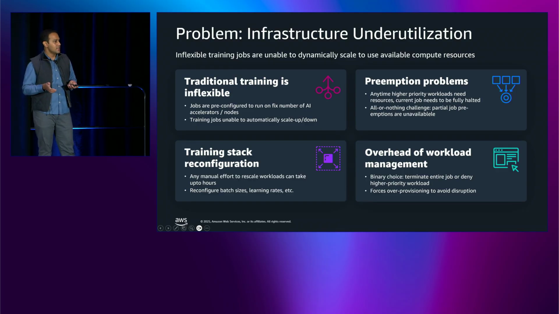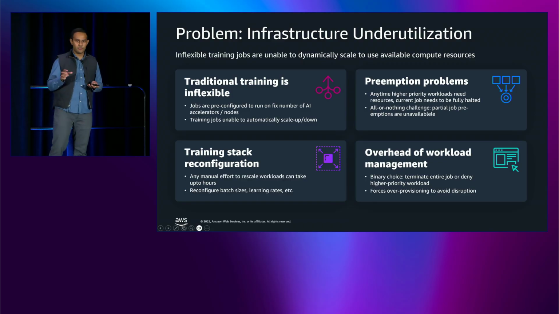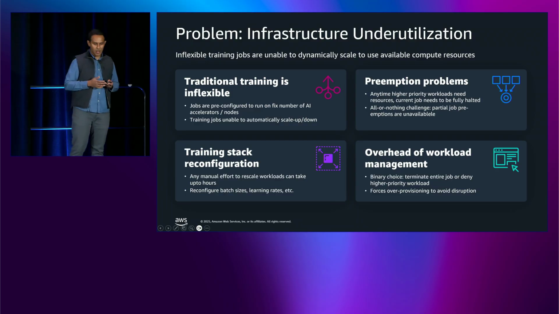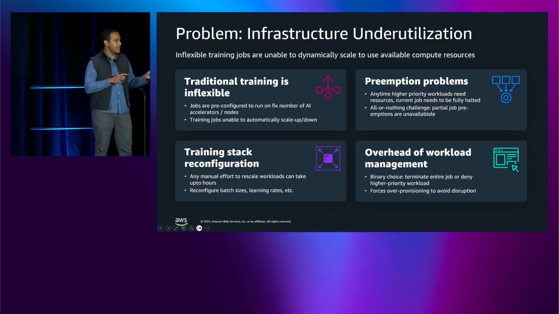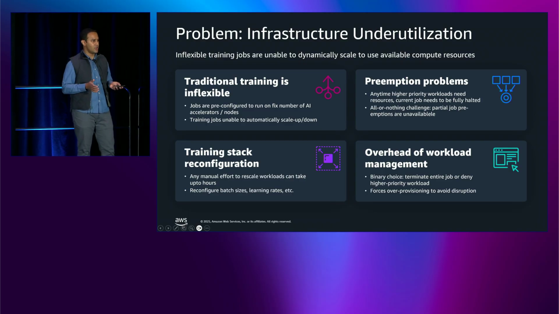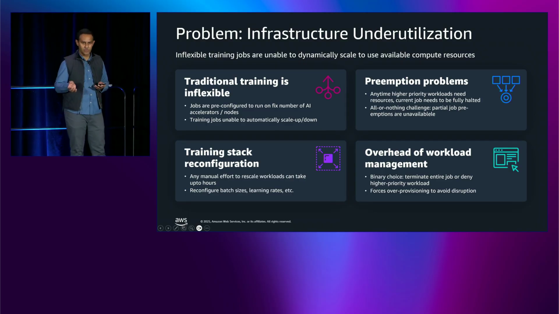And what this means is that anytime there are more resources available, these might be nodes that free up from other jobs that had finished, you need to essentially stop this training job, reconfigure a bunch of hyperparameters, and then resume training to use the additional set of resources. On the flip side, let's say there's a higher priority workload that needs nodes occupied by this current training job. The only way to give back nodes is to halt this training job completely and return resources.